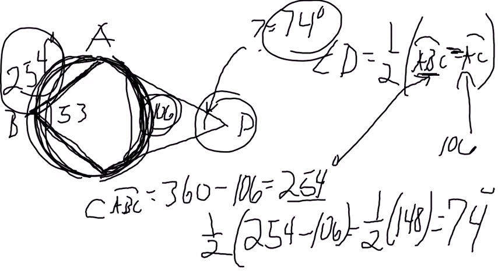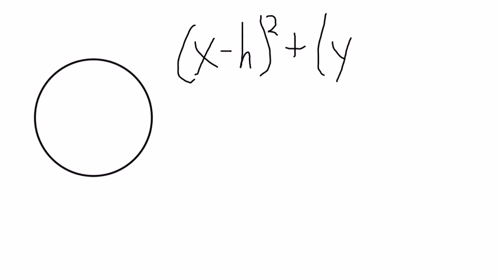Next, write the standard equation for the circle, center -2, 4, and radius equals 6. Okay, so remember the standard equation looks like this. All right, so when you get H and K, it's a minus, so you've got to think of it kind of as a reverse.